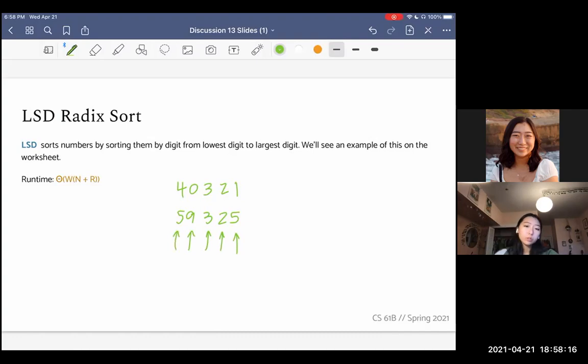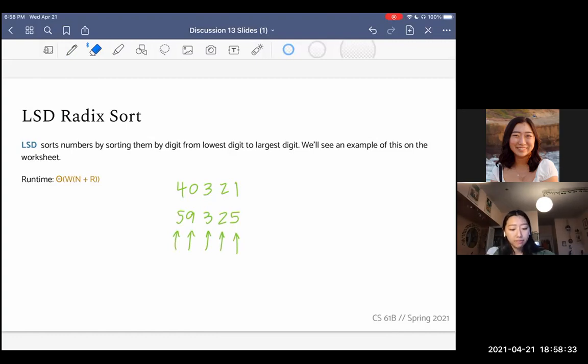And we are going to sort basically one digit at a time. We'll see an example of how this actually works on the worksheet, so I won't run through exactly how it looks. But the main idea is that you're sorting these words from lowest digit to largest digit.